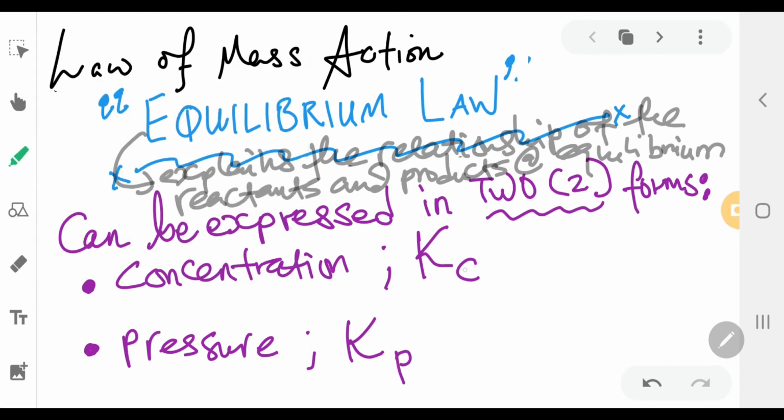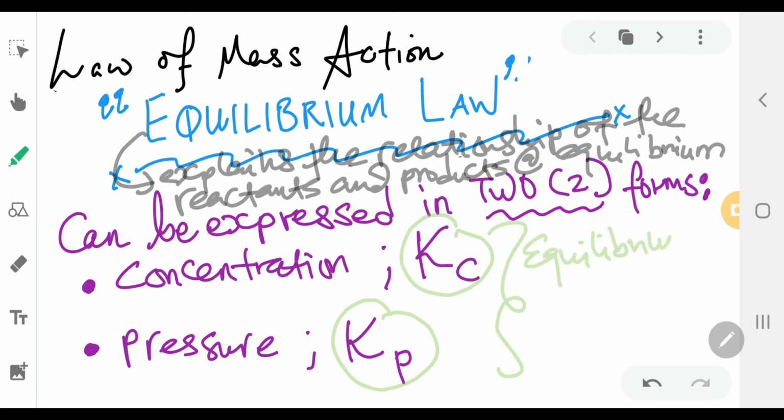So Kc and Kp over here, this is what we call the equilibrium constant expression.